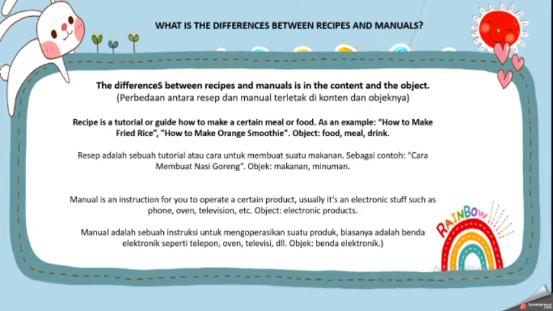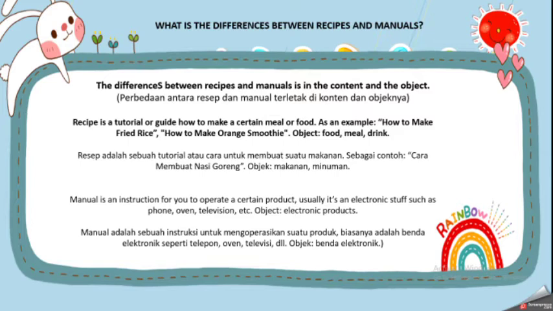Then the next is, what is the differences between recipes and manuals? The differences between recipes and manuals is in the content and the object. The first, recipes is a tutorial or guide how to make a certain meal or food. As an example, how to make fried rice, how to make orange smoothie.